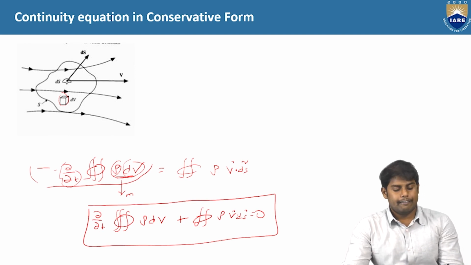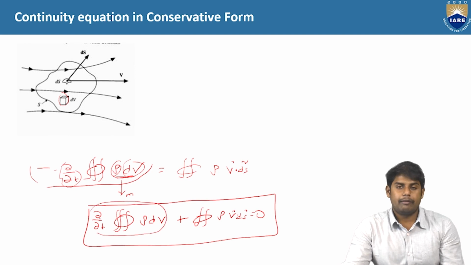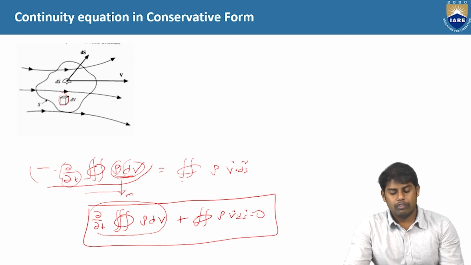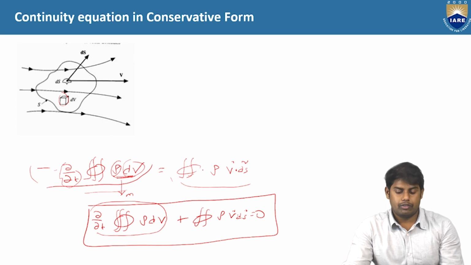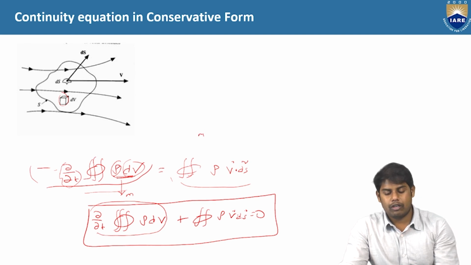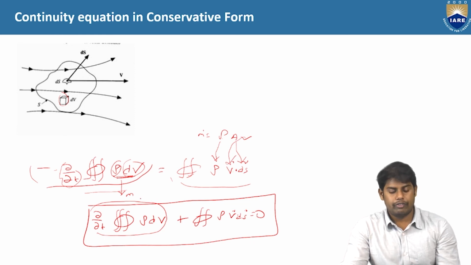The first term is the amount of decrement of mass inside the control volume, which will be equal to the flow leaving the control volume through the control surface. It is like rho A V, the m dot term, where rho is the density, area is dS, and velocity is the velocity here. This is the concept we have.